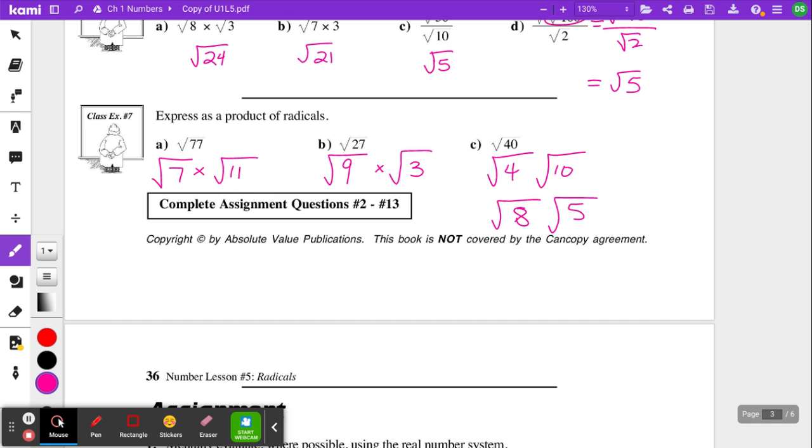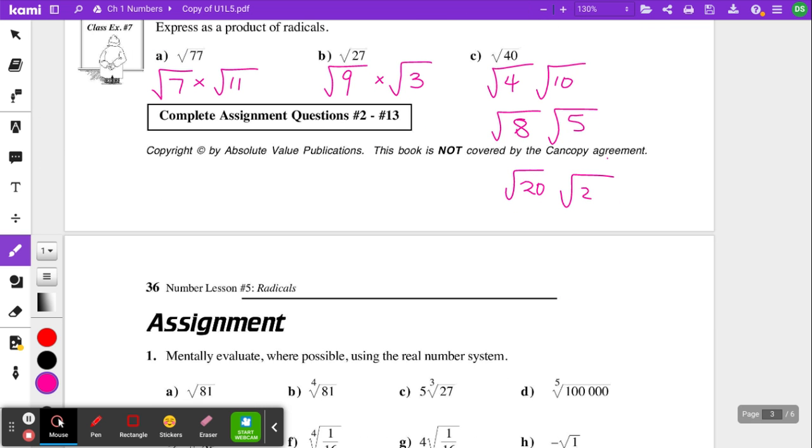Any other numbers that multiply together to get 40? 2 and 20, okay. So there's lots of options, lots of different answers that it could be. You could even put 40 in one, but don't do that. Okay, good, I'm done. Any questions?